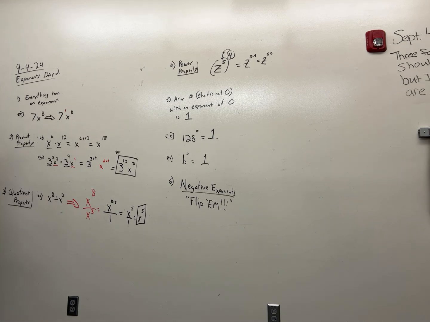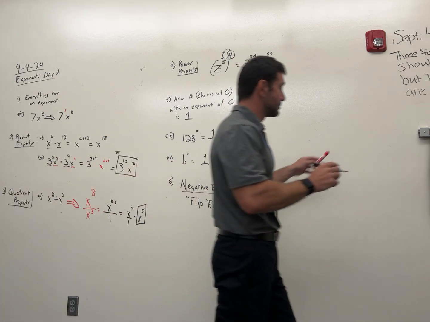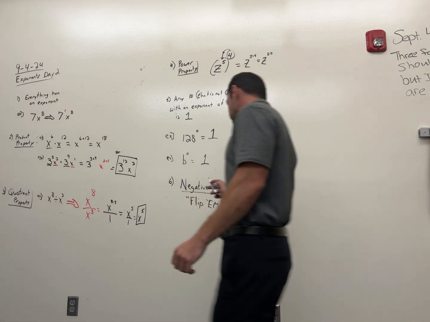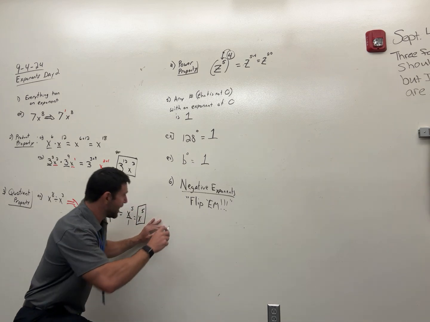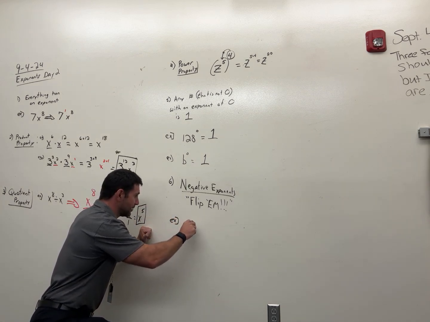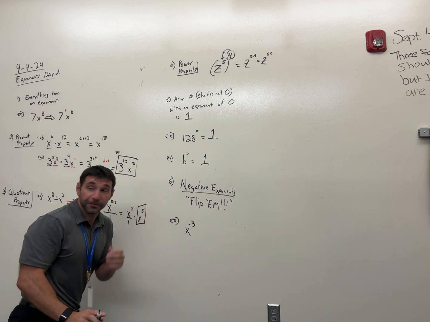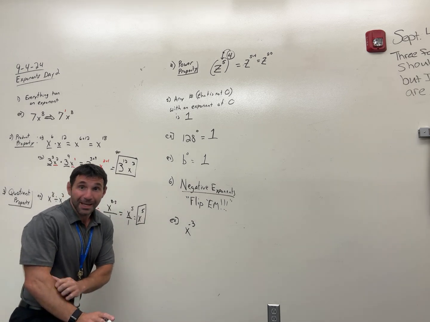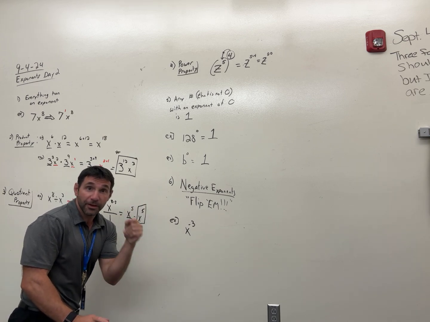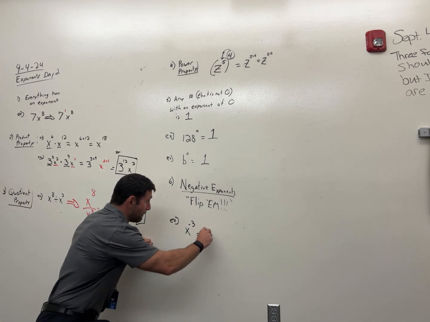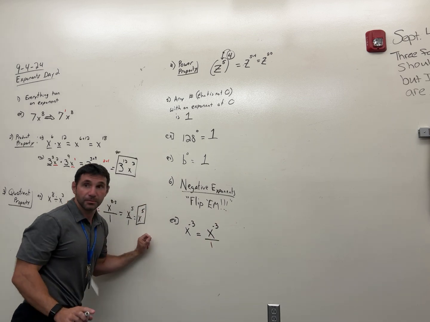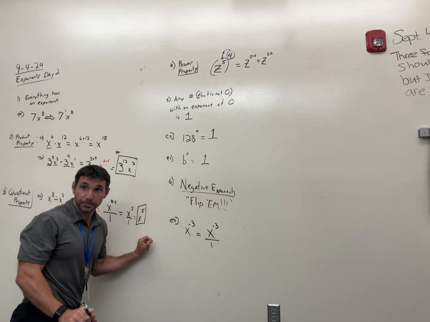Okay? Negative exponents. Flip them. Mr. H, what do you mean? Well, if we have x to the negative 3, the first thing I want you to do is make it a fraction. As soon as you see a negative exponent, if there is not a fraction, make it a fraction. Everything can have a denominator of 1.